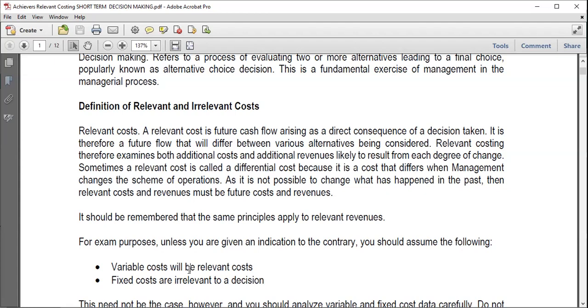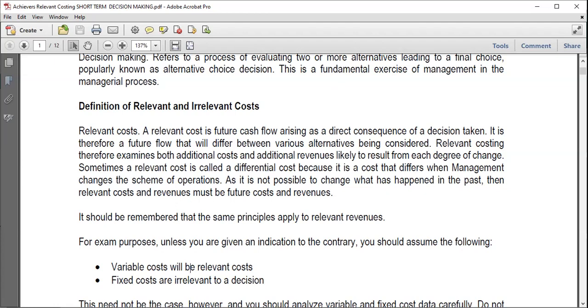So when we are making a decision, for example, around a special order price, ours is to focus on what are those costs that will change when we actually make the decision. You get it?